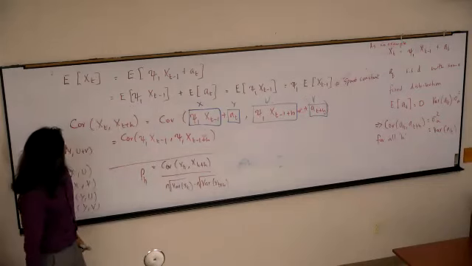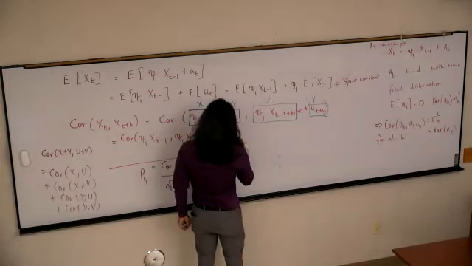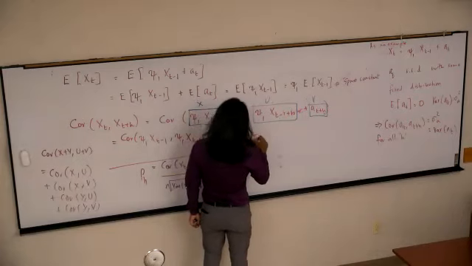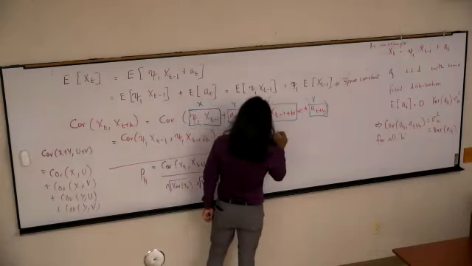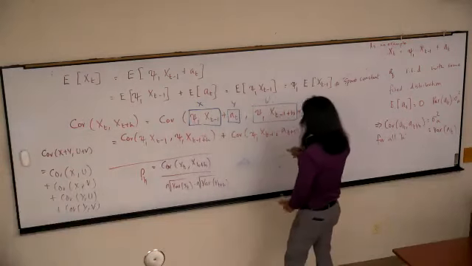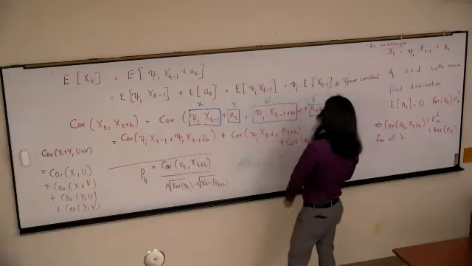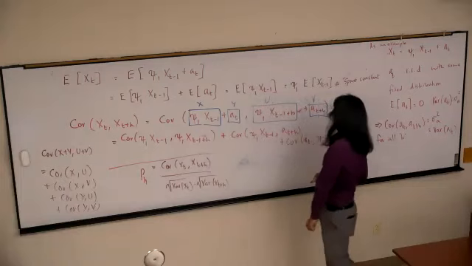Xt minus 1 plus h, xv, covariance psi 1 xt minus 1, comma, a sub t plus h, plus covariance at, comma, psi 1 xt minus 1 plus h.